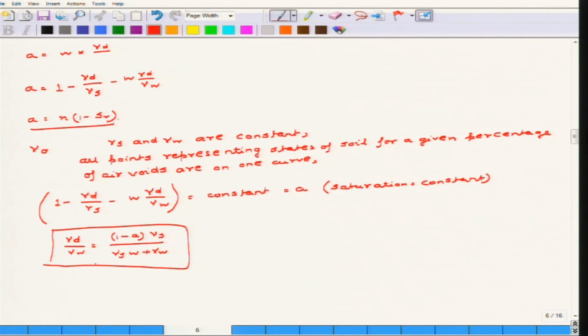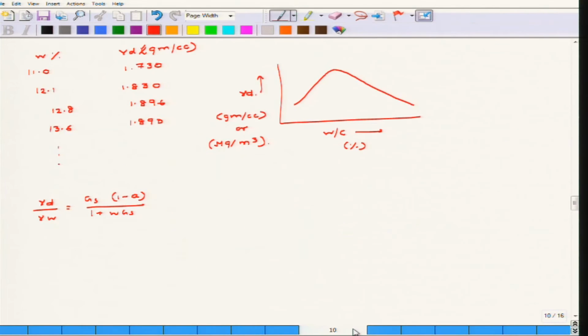It is similar to this formula, except that I have divided it by gamma W in every case. If you divide by gamma W, it comes out to be 1 minus A into gamma S by gamma W, divided by gamma S by gamma W into W plus 1, which is equivalent to 1 minus A into GS by GS into W plus 1, and that is the same formula that I have written here.